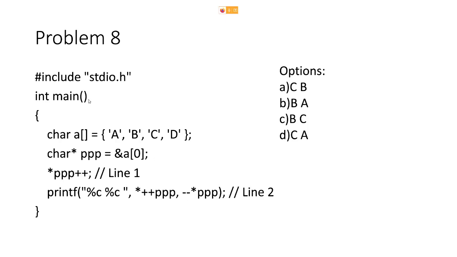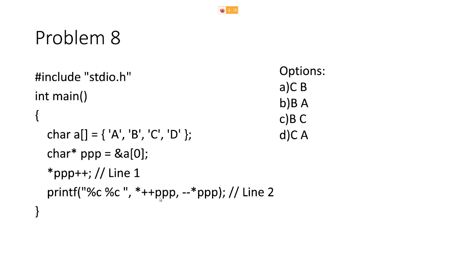You're not changing it anywhere in the array, you're just getting that value here. Imagine there was no minus minus here. Then it was just star PPP, and if you were printing that, it would have printed B. But now you're saying minus minus, so it is decrementing the value, which is B. B is decremented once, it becomes A.